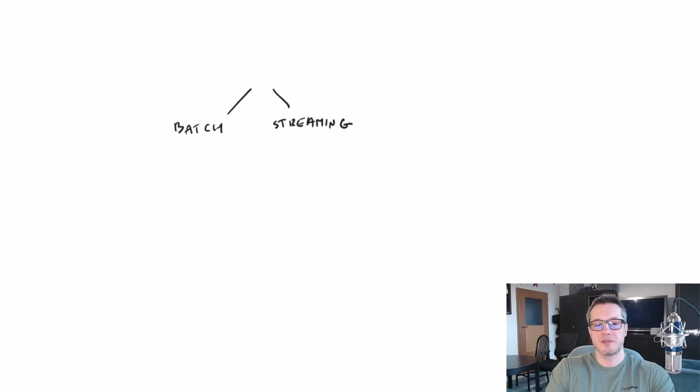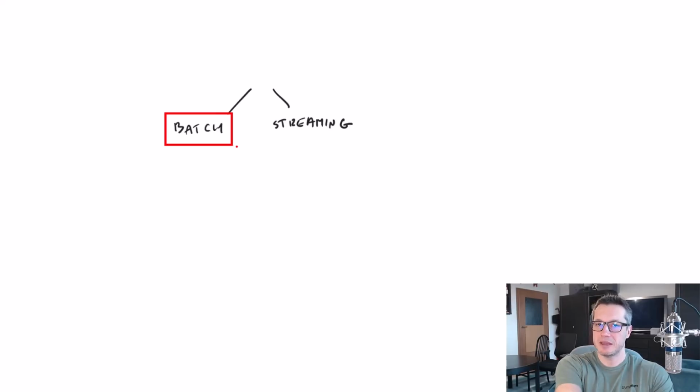And the difference is as follows. So batch solutions are all about processing data in batches. Basically, it means that you would have your process designed and scheduled to run, let's say, once a day, usually during the night when no one is working. So during the night, your process will kick in.